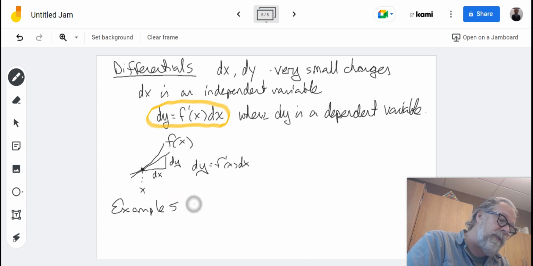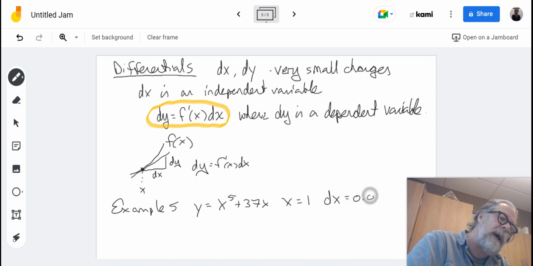I am given the function y equals x to the fifth plus 37x. And I am told that at x equals 1, I want to make a very small change to x. And therefore, my dx is 0.01. The derivative is equal to 5x to the fourth plus 37.